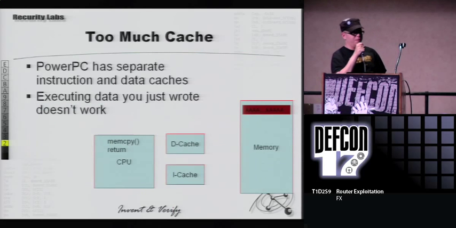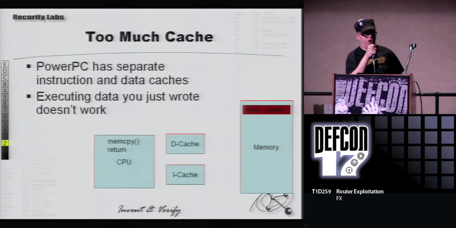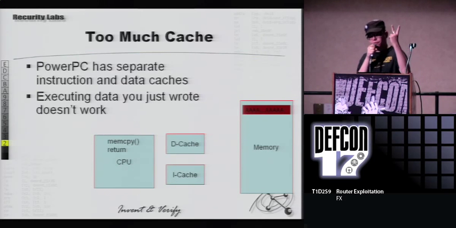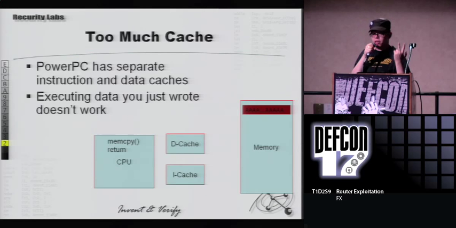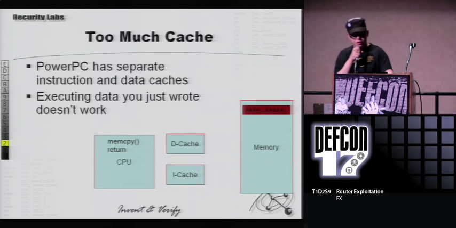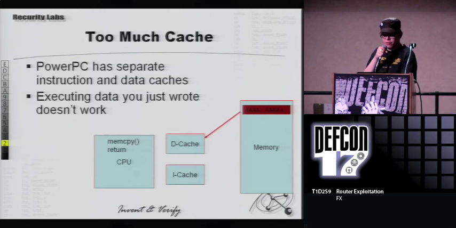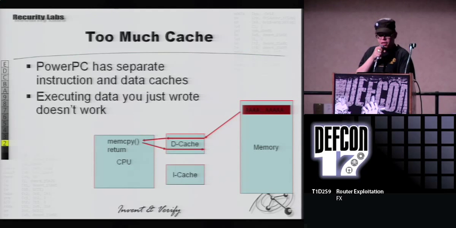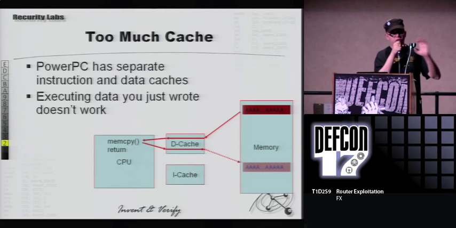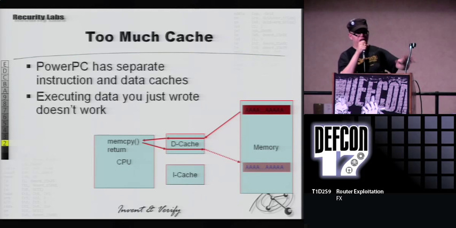But you have another problem, so to say. Essentially, we have too much cache. Rare thing to have, but we have too much cache. We have 2 different caches. We have one cache that is a data cache and another one that's an instruction cache. Now what this means is if you actually have a buffer overflow, like this memcopy here, or any copy operation, it actually doesn't really write into memory, but it stays in cache.